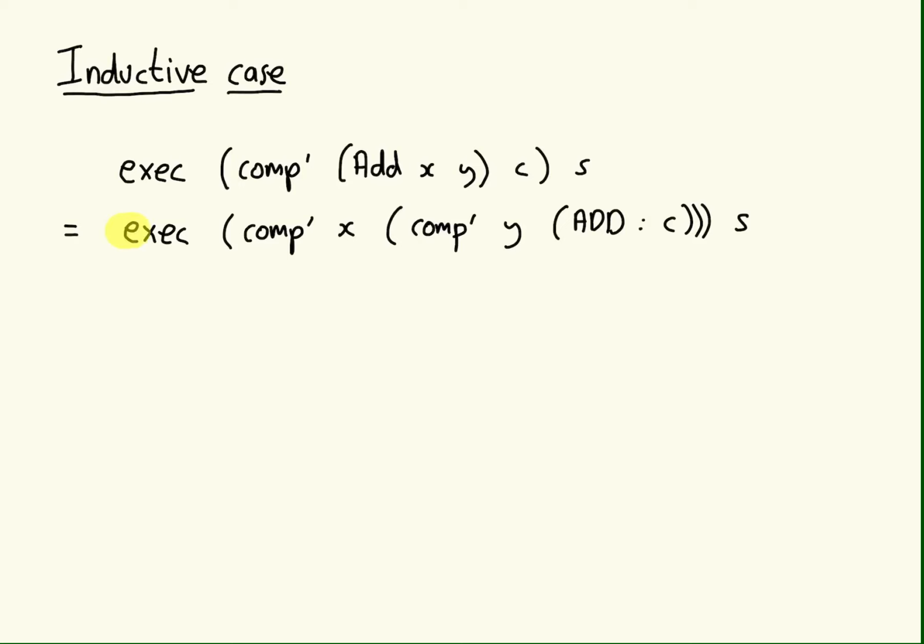So then you can look at a term like this one and think, well, this looks fairly complicated. What could I actually do with this? And actually, if you stare at this, you can see that you can already apply the induction hypothesis for x. Because what we have is we're executing the result of compiling prime x with some additional code here in the context of a given stack.